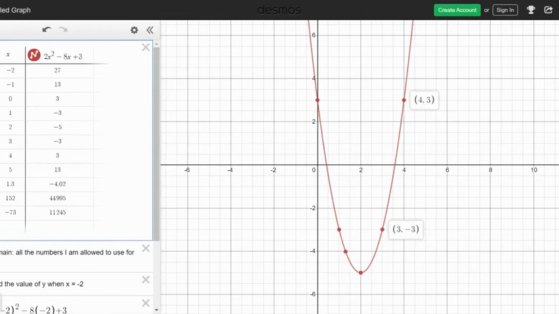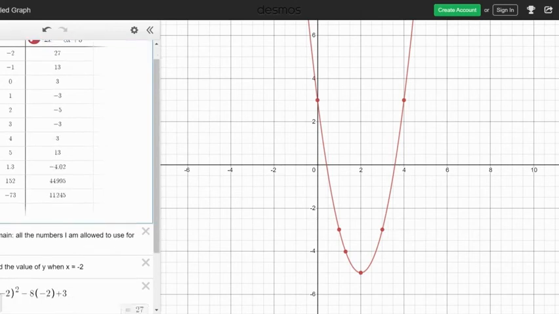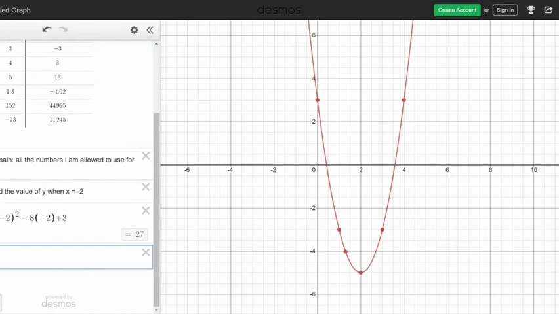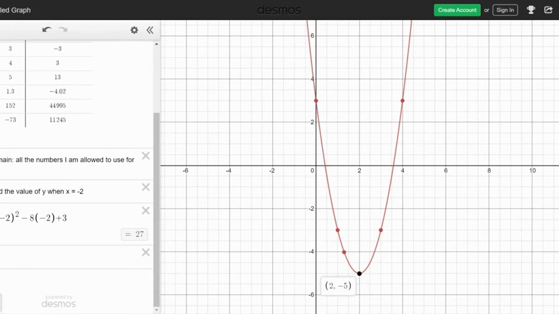Now range, remember range is the y values on the graph. And on the quiz you took yesterday, there was a little bit of confusion, it wasn't meant to be. But one thing I said is you can always test using Desmos to see if you're right. So the first thing I want to take a look at is this low point. And I can see that my low point happens at 2, -5.